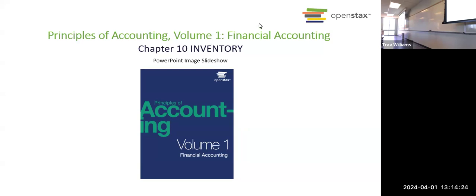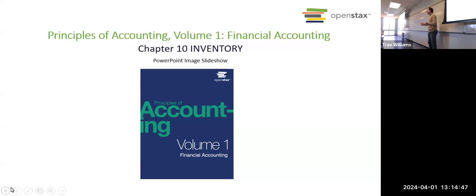Okay, so we are learning about inventory this week. We know a bit about inventory, right? It's come up before, but this is going to be a deep dive into how to keep track of your inventory costs. And it gets a little tricky because you've got not only periodic and perpetual methods, which we're familiar with, right?